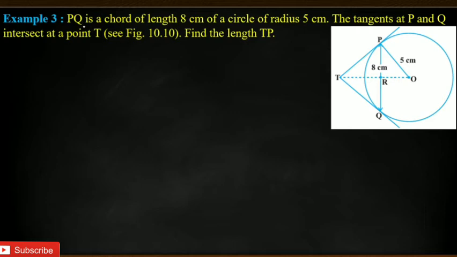From this point P to this point Q, the total length they have given is 8 centimeter, of a circle, and the radius they have mentioned is 5. Tangents at P and Q intersect outside the circle at T. Find the length TP. This length TP we have to find.